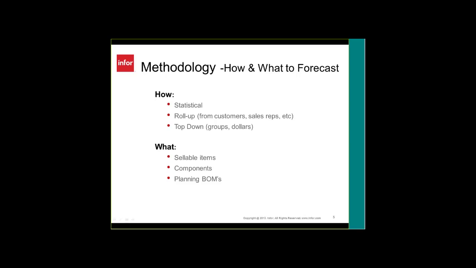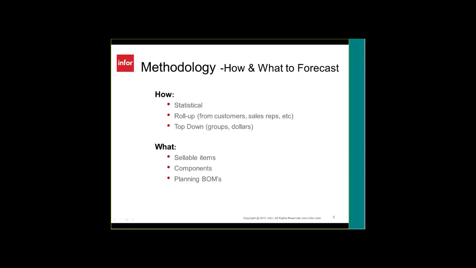So if you're like most companies that seem to use SyteLine, where you don't sell the same items over and over, you're a configure to order, engineer to order, maybe even make to order with options type of manufacturer, then you need to forecast what you buy as opposed to what you sell, since it's not the same things you're selling over and over. So this application allows you to forecast at the component level and consume that forecast at the component level.